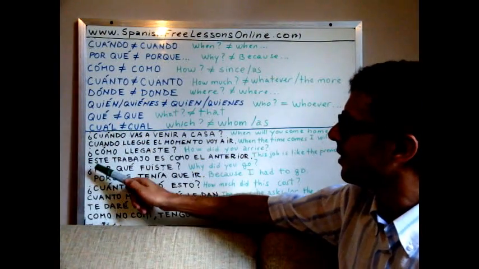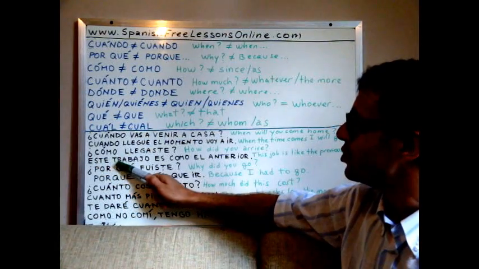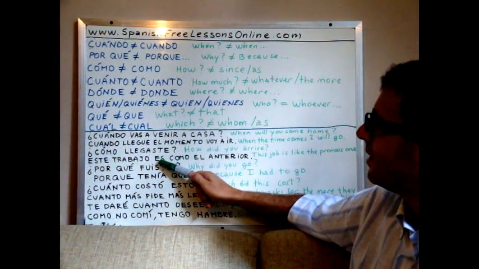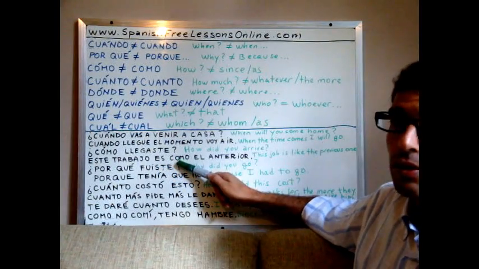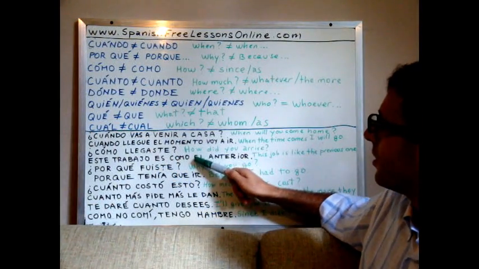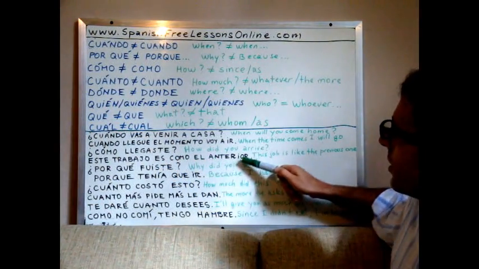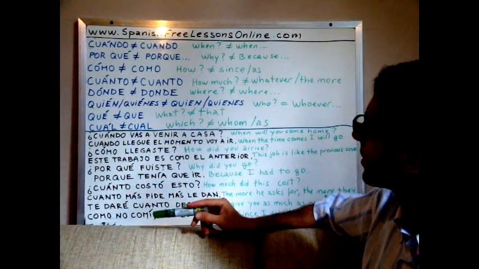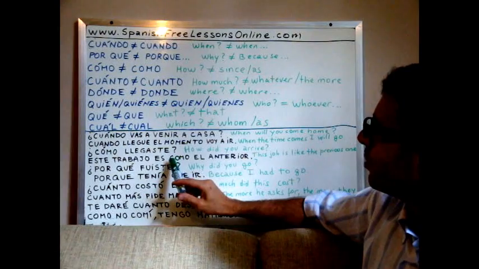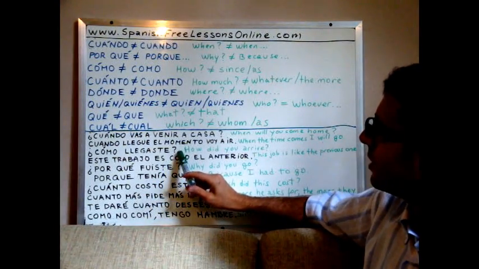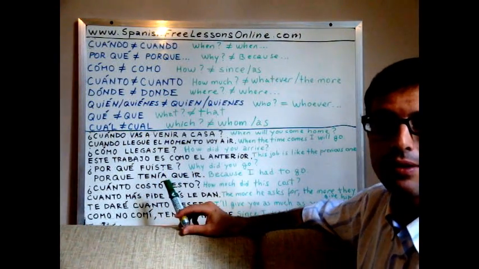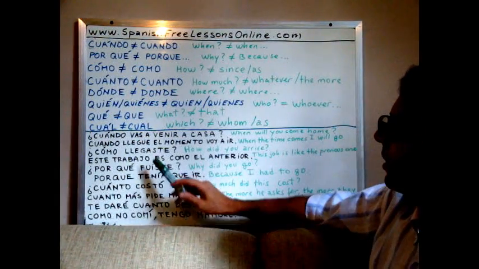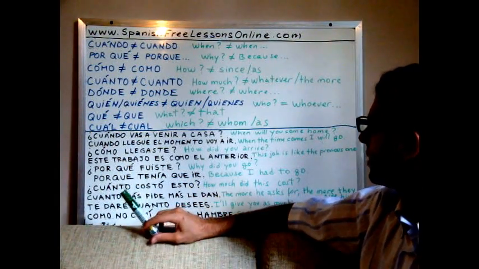This means this job or work, trabajo, is as or like the previous one. Anterior means previous or previous one. So you can see the word como here without the tilde means as or like, similar to. This means this job is like the previous one.